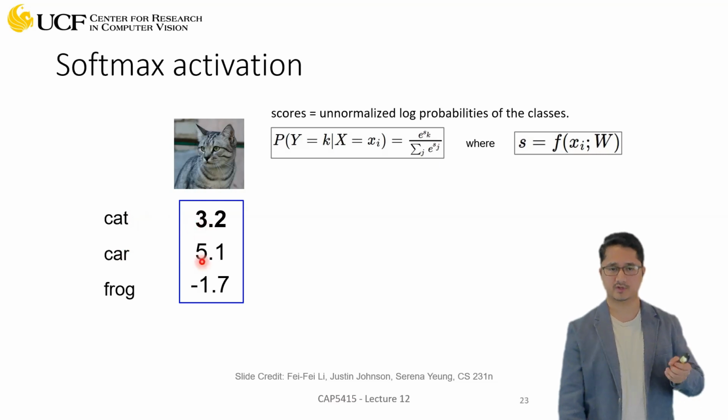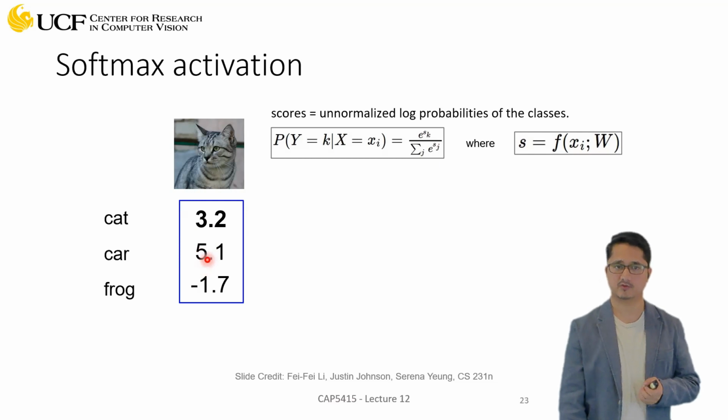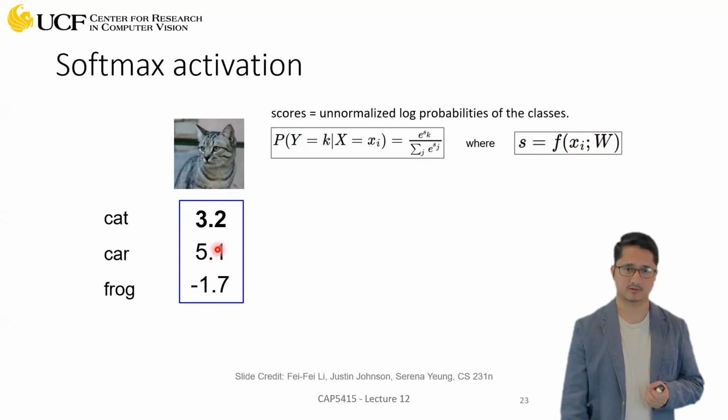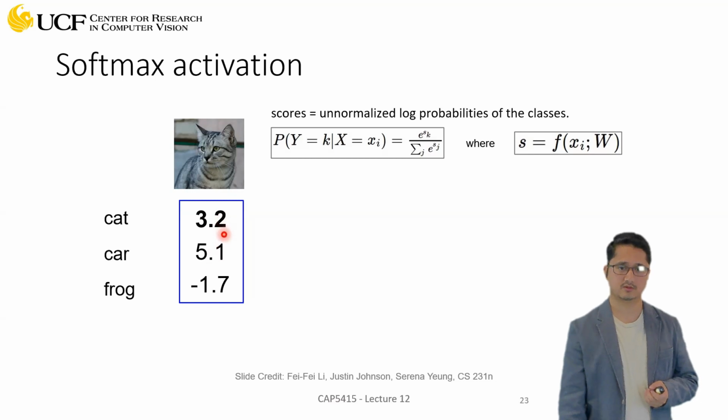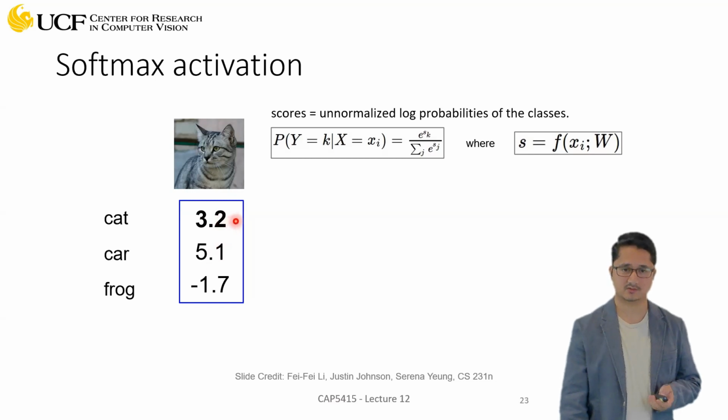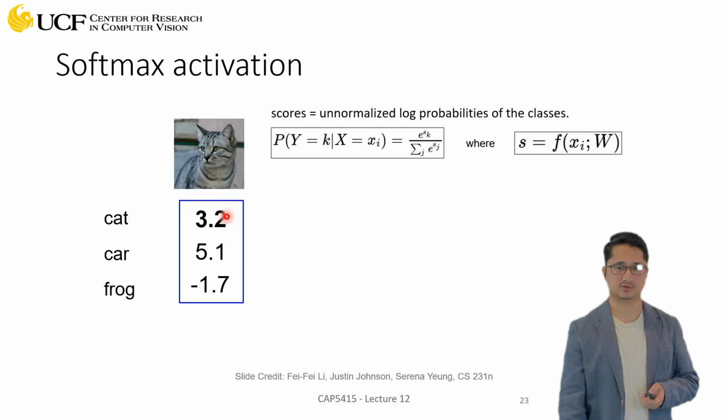So of course, the network is making an error. It's because this is the maximum one, and the network is saying this is a car. But there is no way of telling how well the network is doing. I can't tell whether 3.2 is pretty bad or maybe pretty close. So that's what softmax will help us solve.